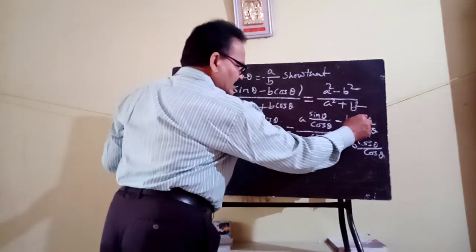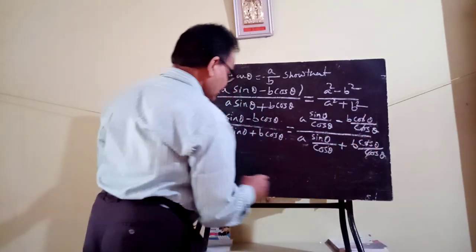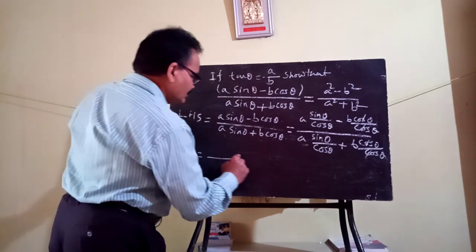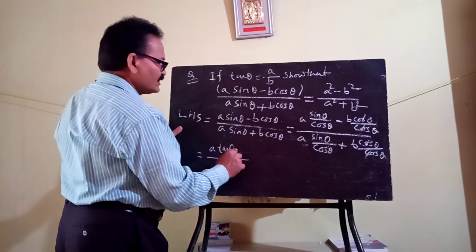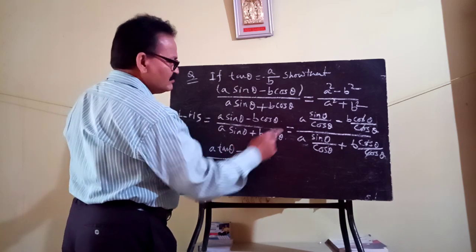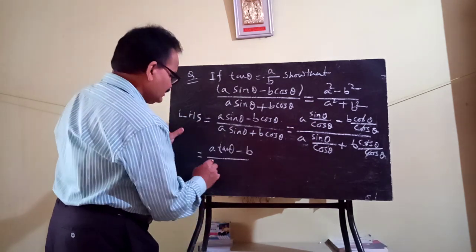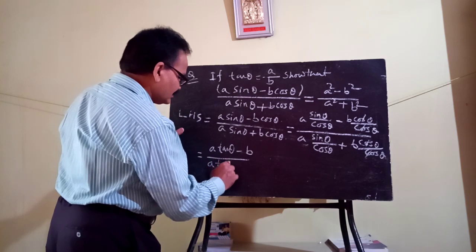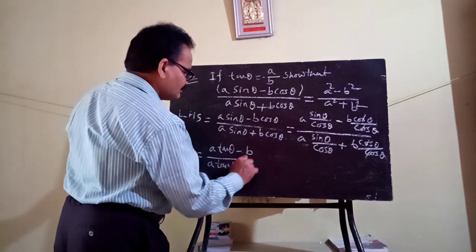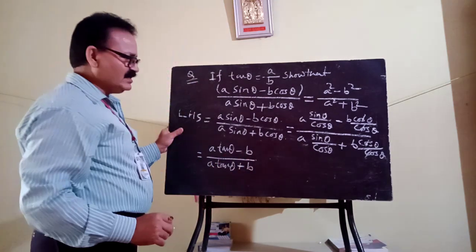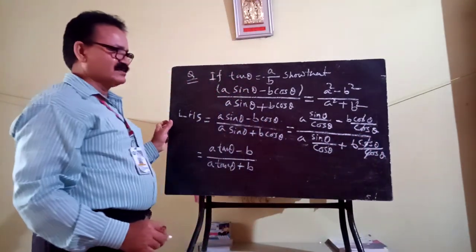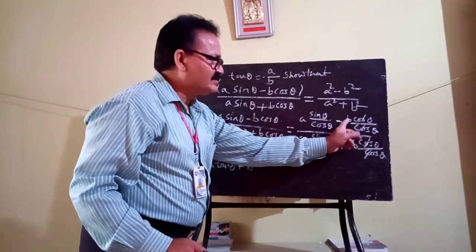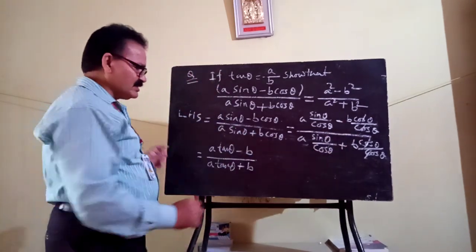So this cos theta cancel each other. So what you have got? A tan theta minus B, because cos theta cancel, this is your A tan theta plus B. Okay. So here cos theta and cos theta cancel each other. So only B left in both numerator and denominator.